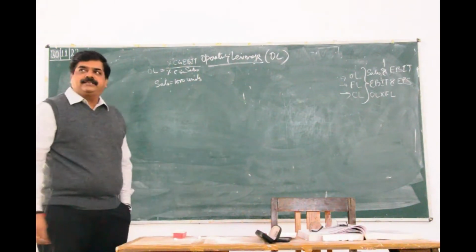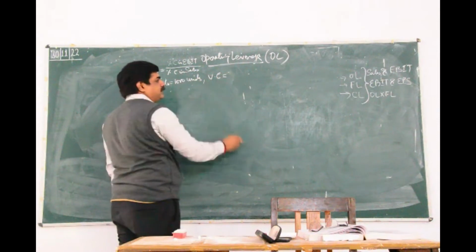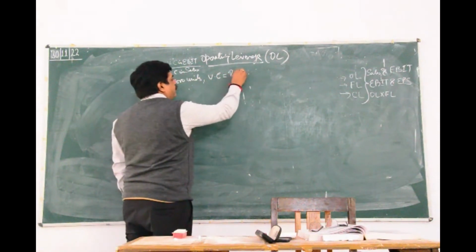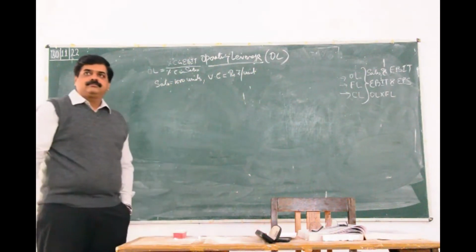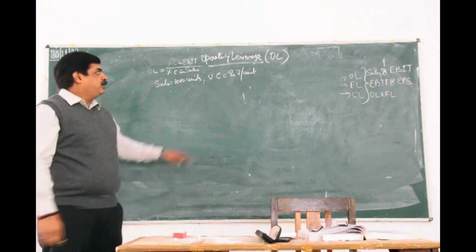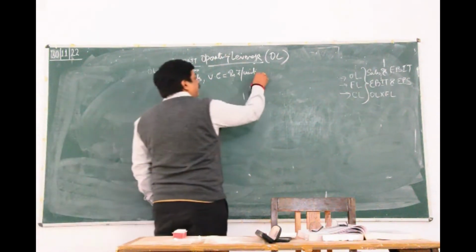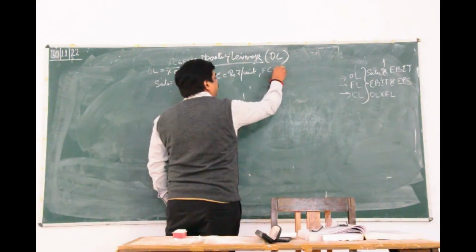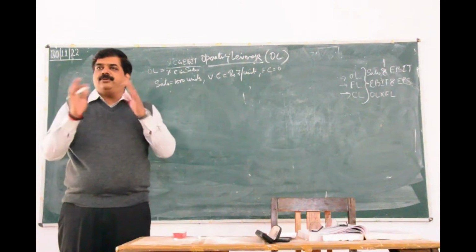And for getting this sale, the company has a variable cost of rupees 7 per unit. No other cost is there. That means the total cost of production is 7. That means we can say that fixed cost is 0. Suppose we consider fixed cost as 0.